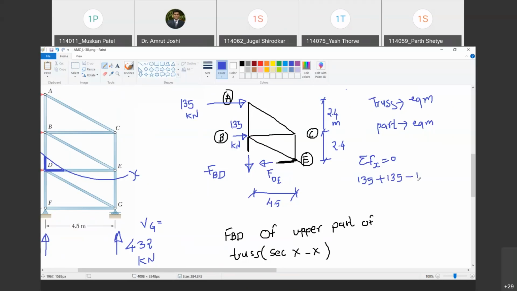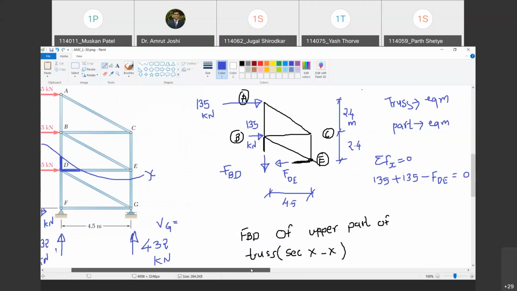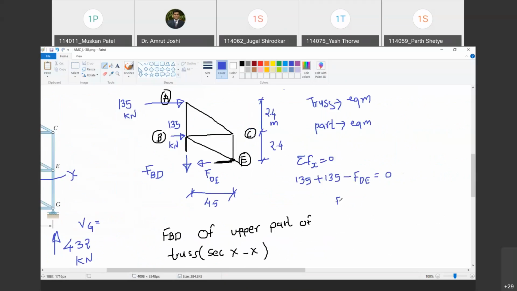Minus FDE. Yes, minus FDE. This must be equal to, tell me. 0. Okay. Have we considered all the things? 135, 135, yes, and FDE equal to 0. Fine. So what is the value of FDE? Tell me. 270. It turns out to be 270. And what is its sign? Plus. Do you agree with me? Yes, sir. So what does the positive sign indicate? The originally assumed sense of force in member DE is correct. So therefore it is tensile in nature.